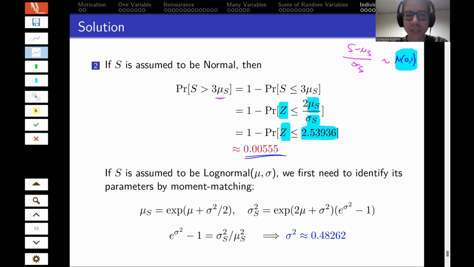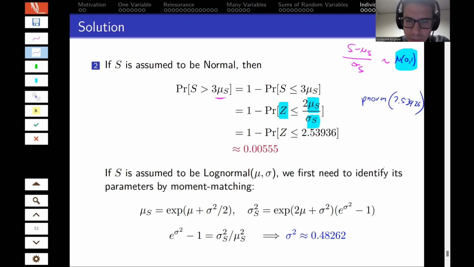You can obtain those probabilities with R using pnorm of whatever this number is, or you can look at the standard normal table. So you get this number, it's relatively small, less than 1%, like 0.55%.